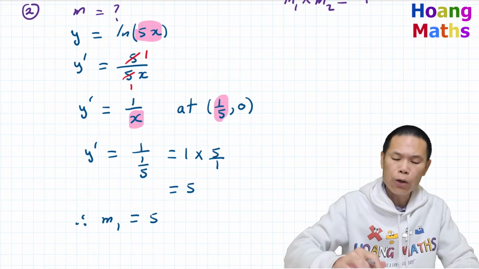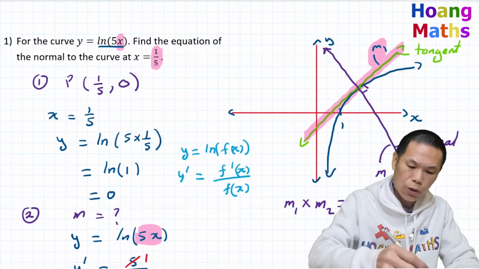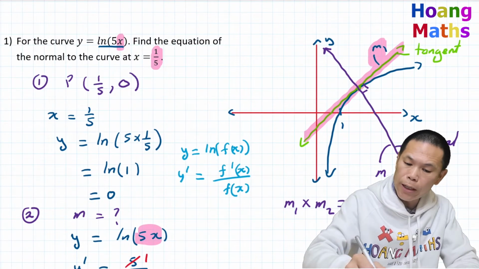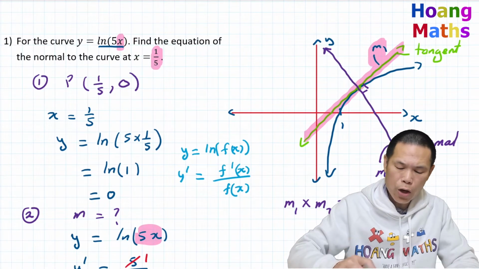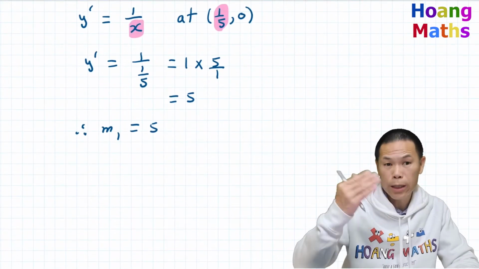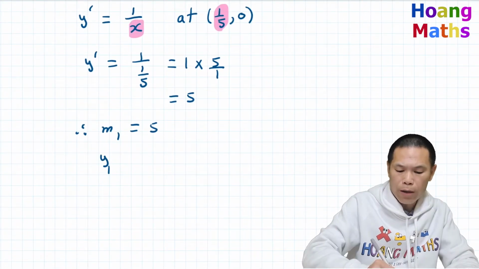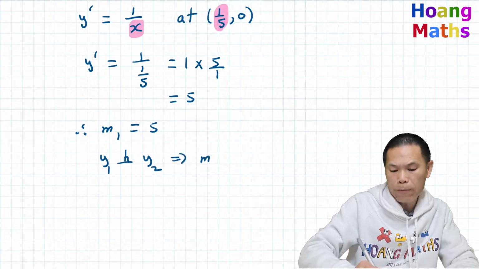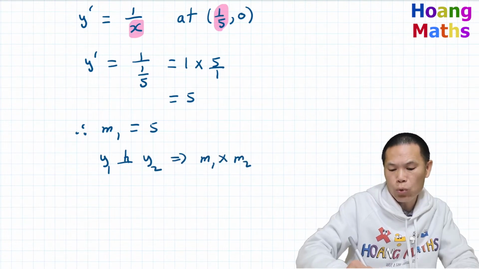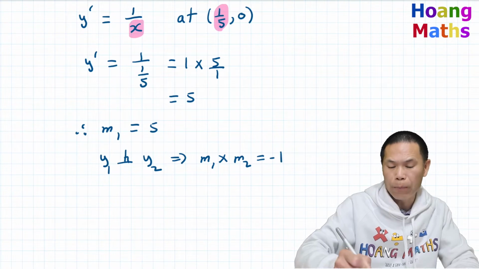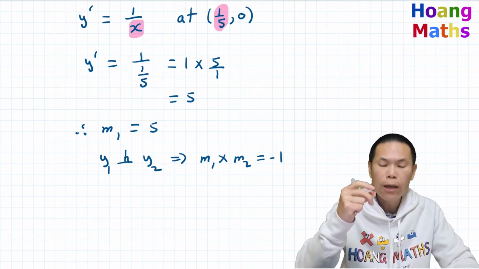But we need to find the gradient of the normal. So we need to find this gradient here. We know that m1 times m2 is -1, because the tangent and normal are perpendicular. And we know that m1 is 5.